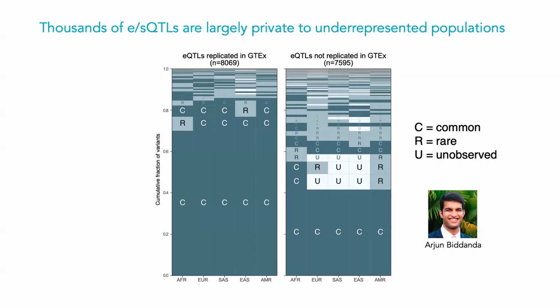In particular, there's this big class of variants that are common within the African continental group, but were probably not sampled in the out of Africa migration, and so tend to be rare or unobserved in the other continental groups. However, you also see other patterns of frequency differentiation that we can pick up uniquely in our study.